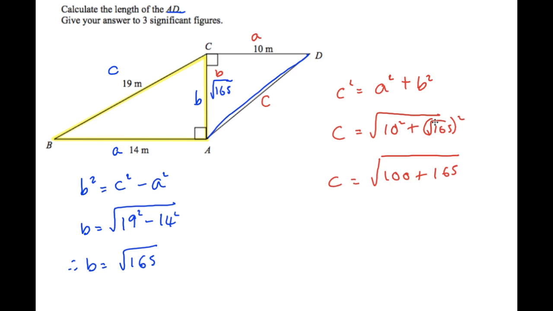So the square and the square root just cancelled. So therefore, pop that in your calculator and you'll get the length of side AD. And that is 16.3 meters, and that is to 3 significant figures as it asked for in the question.